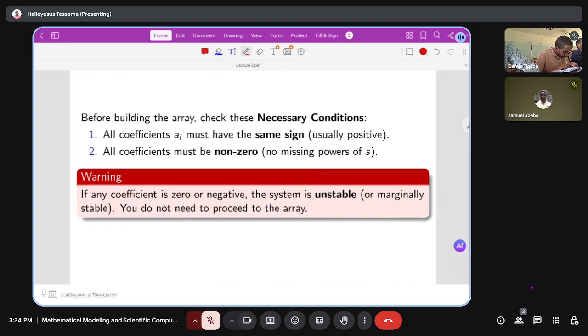All the coefficients should be positive. Two, all the coefficients must be non-zero. No missing powers of lambda. There should not be a missing power.